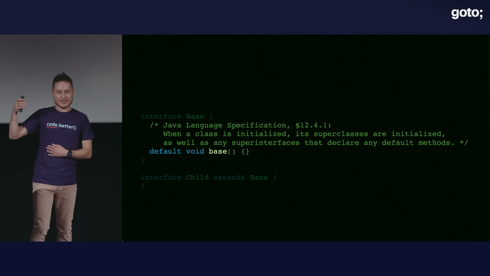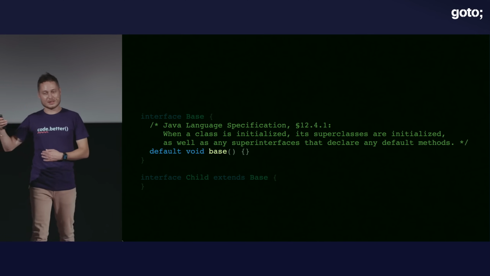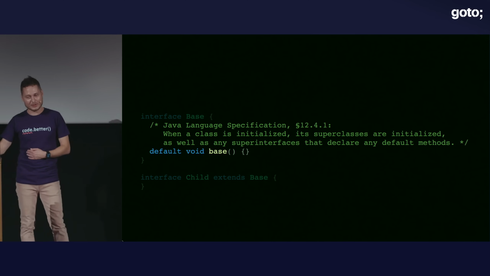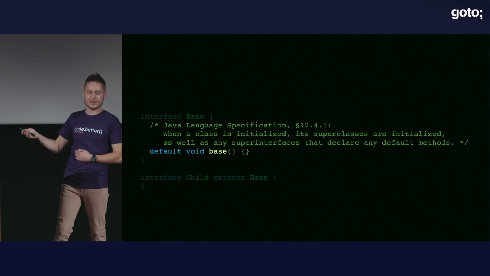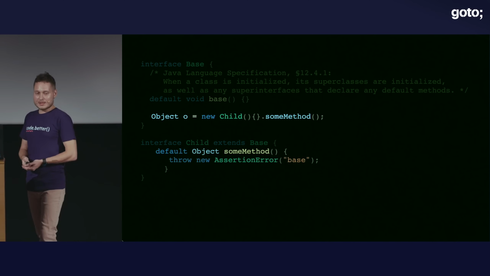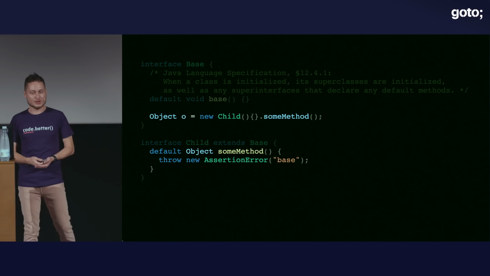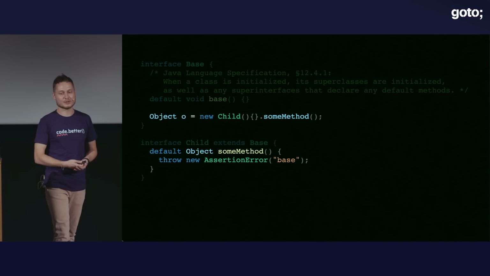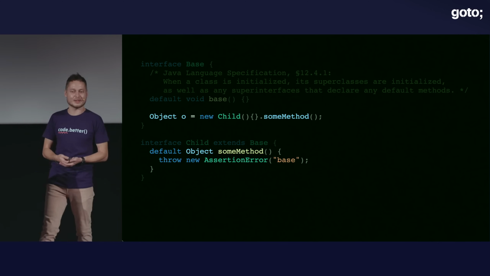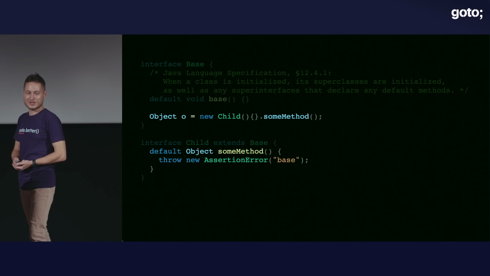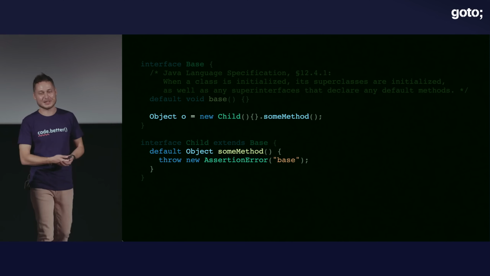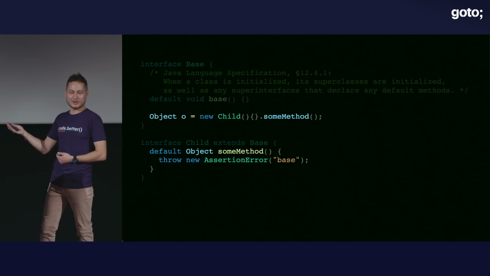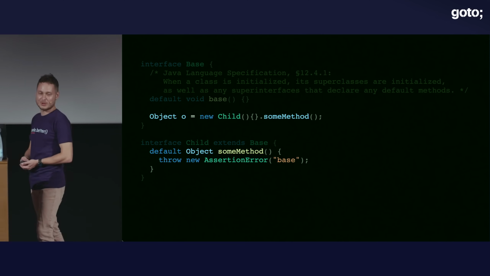When class or interface initialized, its superclasses are initialized, as well as all super interfaces that declare any default method. So we need to have a default method in a base. Here we go. Then, in the base, we need to call a method from a child. So we are going to declare a static final field here that creates a child and calls a method on a child, pretty much like with classes. And we are going to declare in the child this method that we are going to be calling.